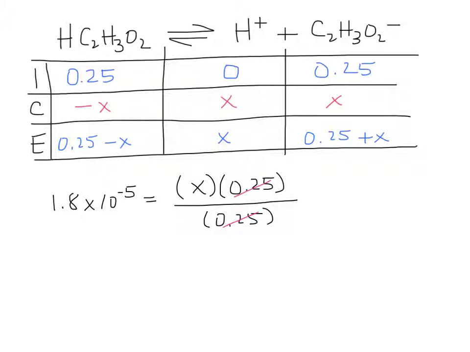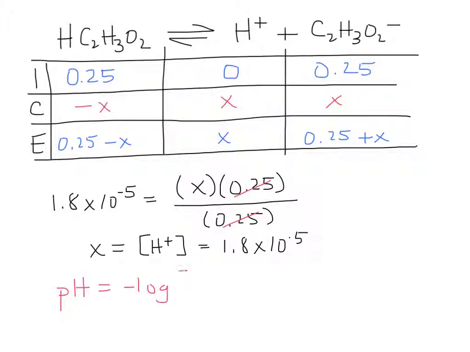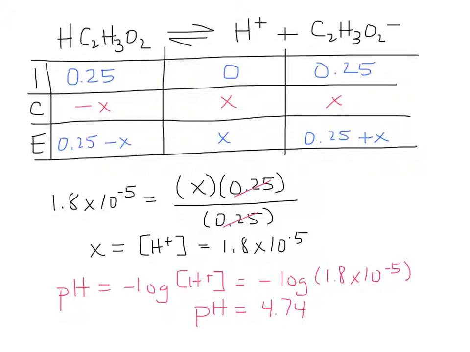Notice that these two values cancel, and we get an X value, which is our hydrogen ion concentration, of 1.8 times 10 to the negative 5th. We can now calculate pH. pH is the negative log base 10 of the hydrogen ion concentration. So that's the negative log base 10 of 1.8 times 10 to the negative 5th, and you get a pH value of 4.74.